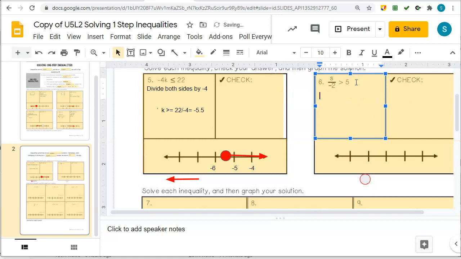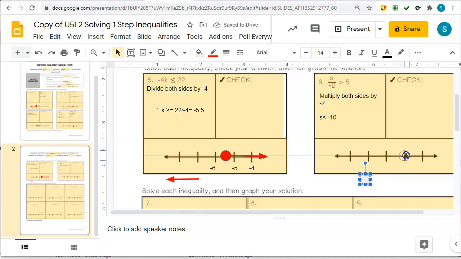Here we've got a divide by 2, so we're going to multiply. Sorry, divide by negative 2, so we're going to multiply by negative 2. And that's going to flip our inequality, so we're going to get s is less than negative 10. Alright, so there we're going to use one of these.